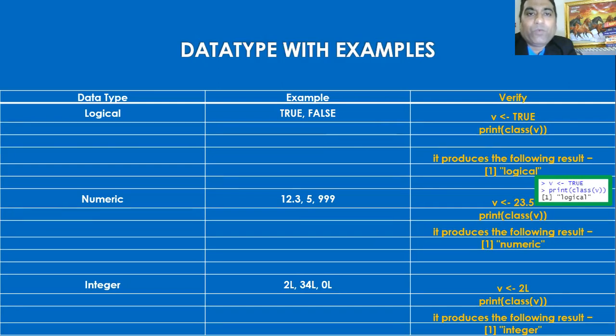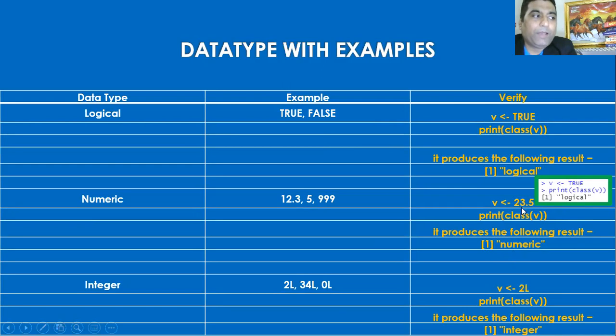It will give what is the data type of V. Okay. So see, the output is showing as a logical. I have just executed one example and I'm showing here. Okay, showing logical data.